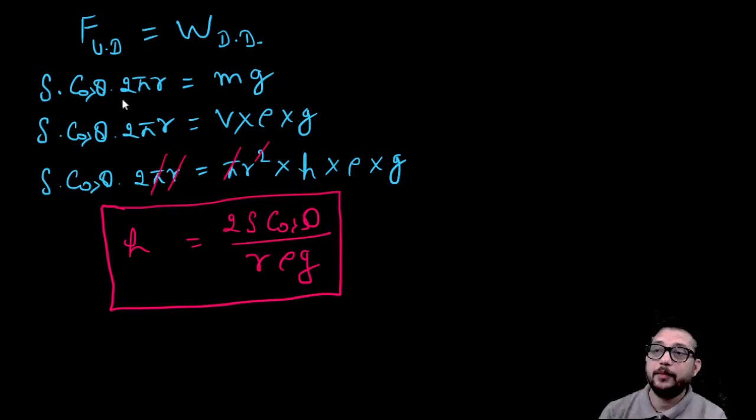Now what is the second method? Second method to solve the same derivation is based on excess pressure of the liquid drop. For that we have to again draw the diagram like this way. You can simply see here.